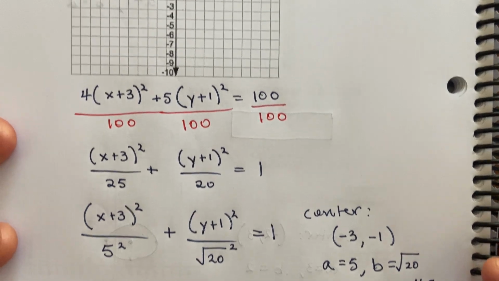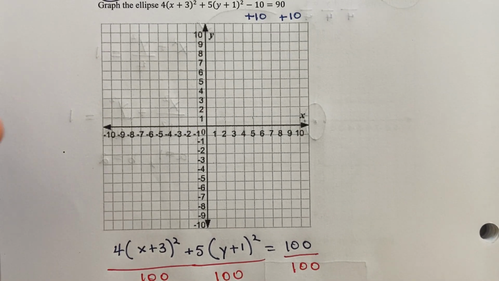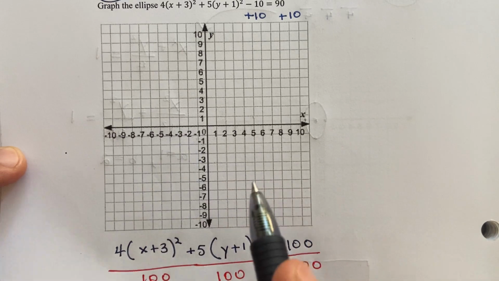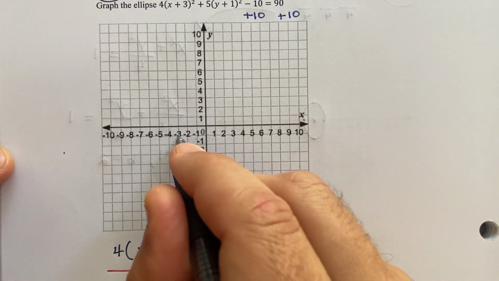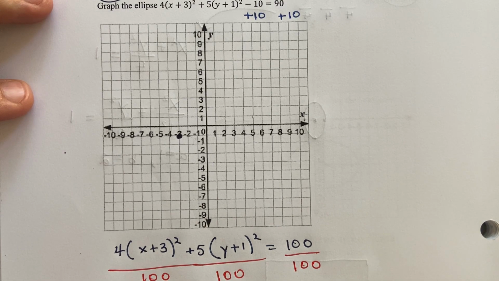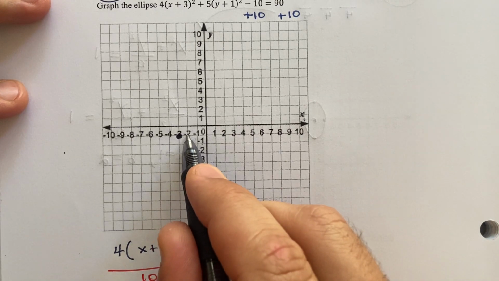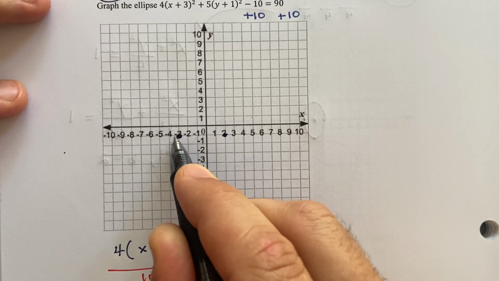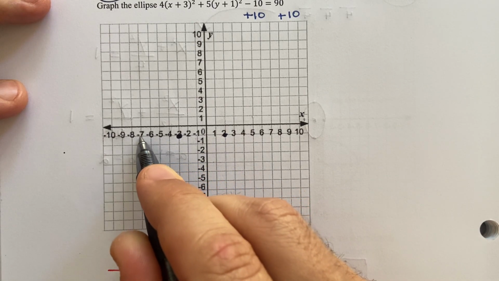Okay, so on to the plotting. The center was (-3, -1), right there. Then from that center, I'm counting to the right 5 units: 1, 2, 3, 4, 5. Also to the left, 1, 2, 3, 4, 5.